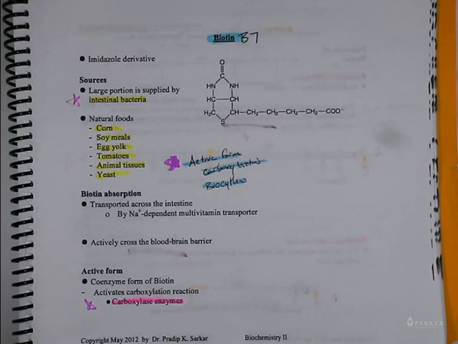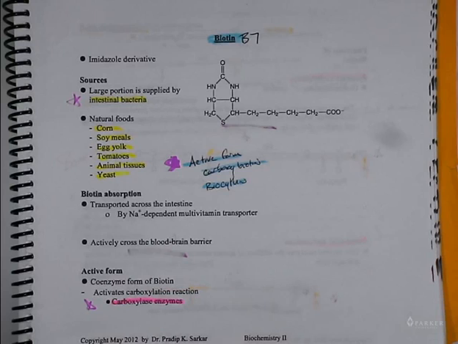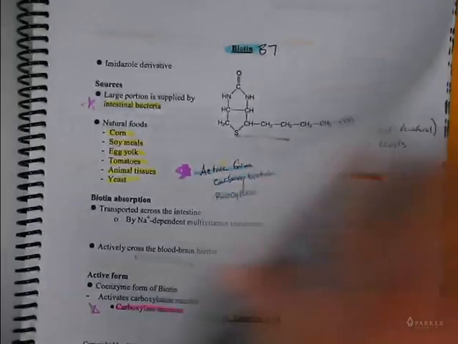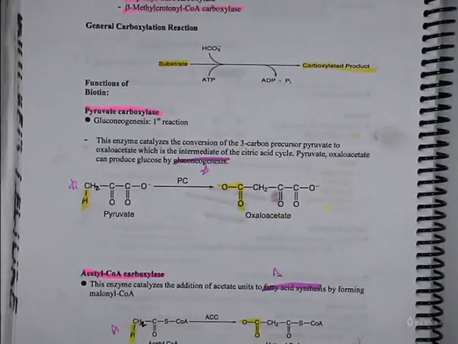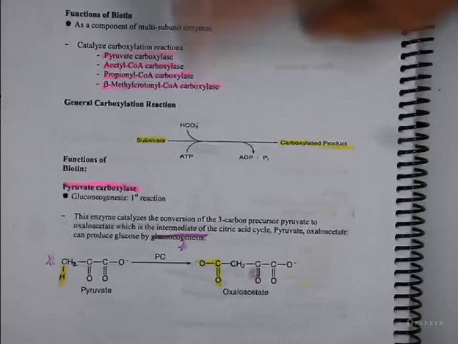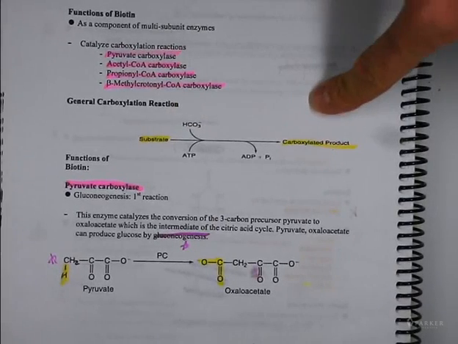Good. So carboxylation is done by B7, which is biotin, or just biotin for Dr. Sarkar's purposes. Any of your carboxylation reactions are going to be biotin. So what type of enzymes are carboxylators? Carboxylases. So if you have a carboxylase, that's going to be a carboxylase reaction. And guess what? It takes a substrate and makes it a carboxylated substrate.